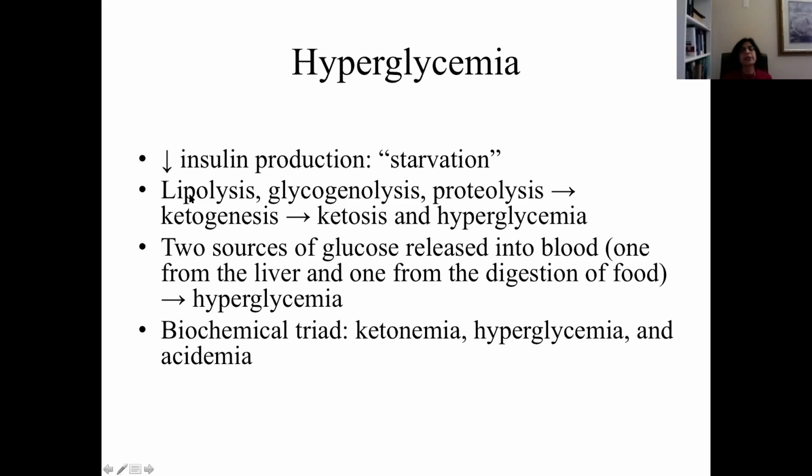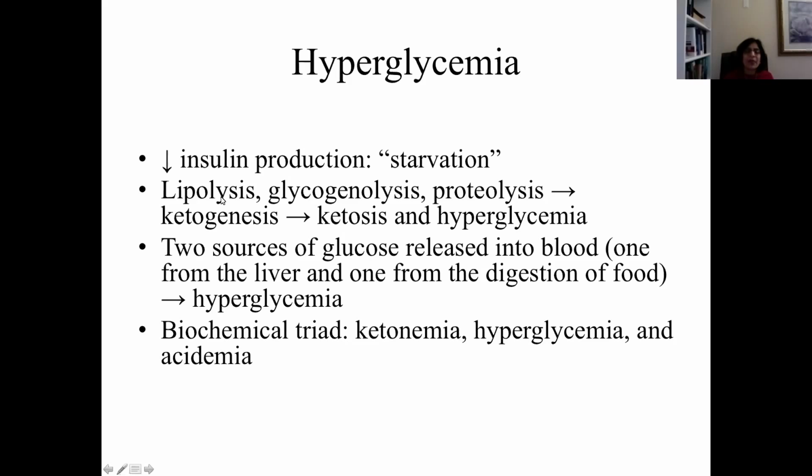Breakdown of lipids, lipolysis, then the proteolysis, that is, proteins are also targeted. All right. So you are basically looking for other sources. Why? Because you're starving, you're not getting enough glucose, and we just want to scrape anything and everything that we can find around and use it for energy purpose.